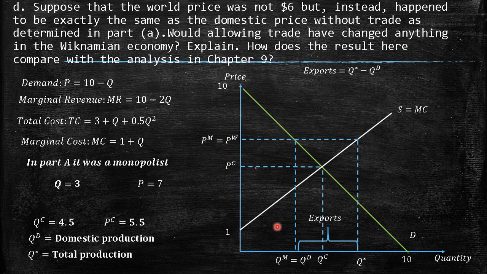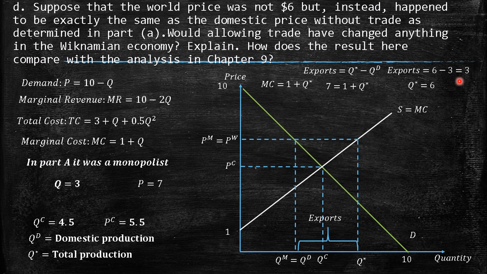To measure it, it should be the total production minus the consumption inside the country. Then we have the marginal cost, which should be 7, which is 1 plus 6. So the total quantity produced should be 6. But at this price, remember that they only consumed 3 inside the country.